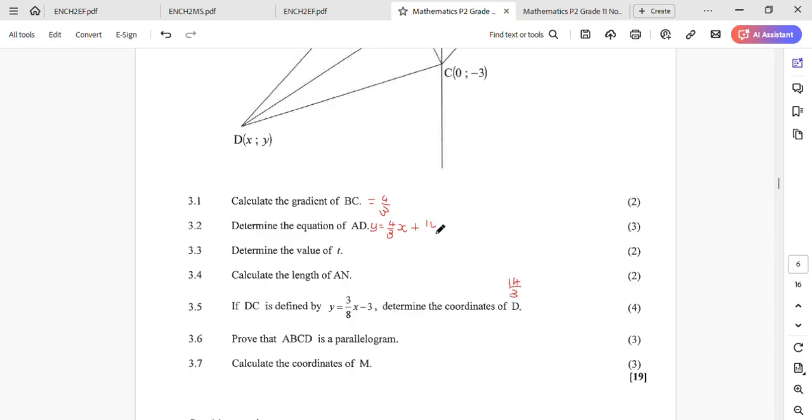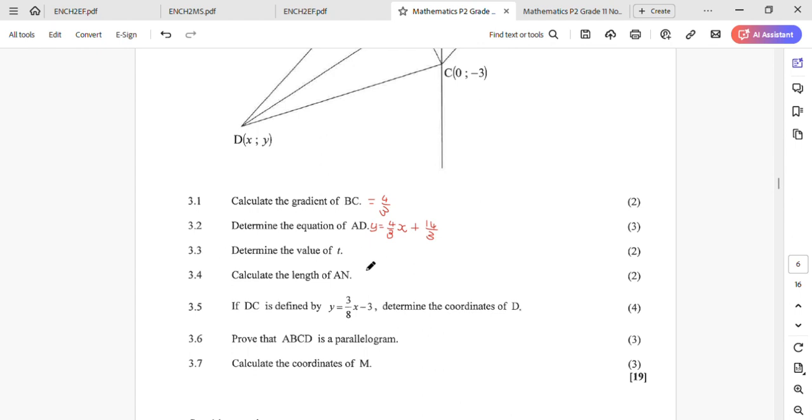It's 14 over 3. This is our final answer for 3.2. Let me erase this number as well, so that we're going to have plenty of space.